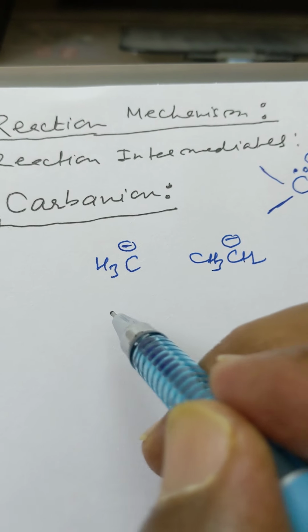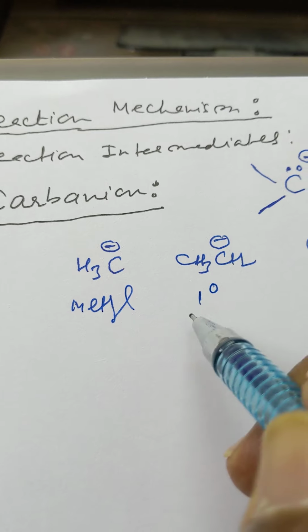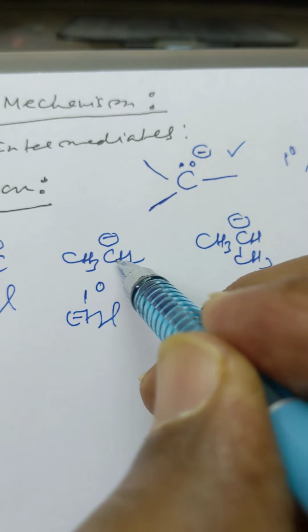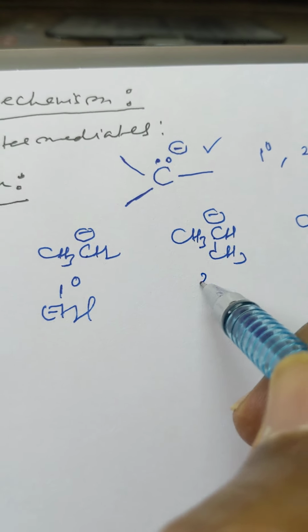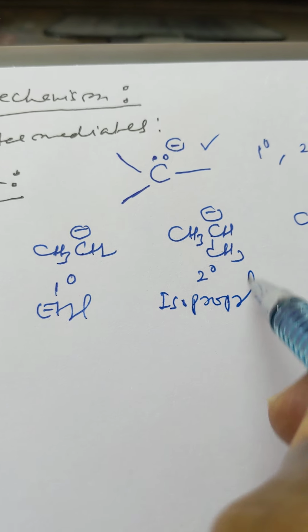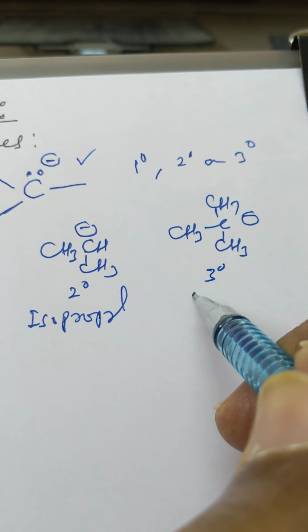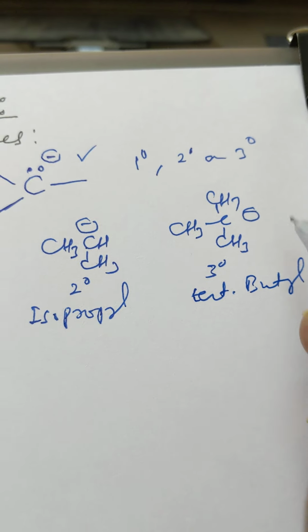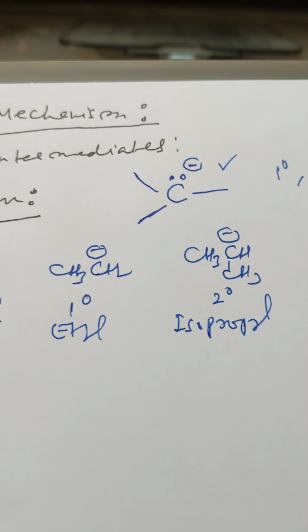So this is methyl carbanion, but this one is primary. Name will be ethyl carbanion, but it is primary because this carbon having negative charge is the primary one. This carbon having negative charge is secondary, so hence it is secondary. It will be isopropyl carbanion, and this will be tertiary, that is tertiary butyl carbanion. Just we started that carbanion can also be primary, secondary and tertiary.